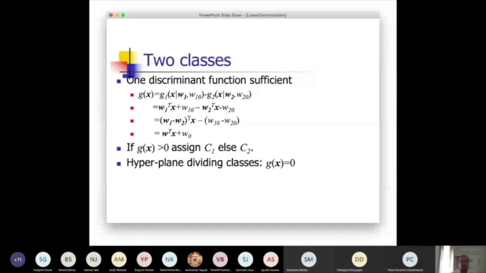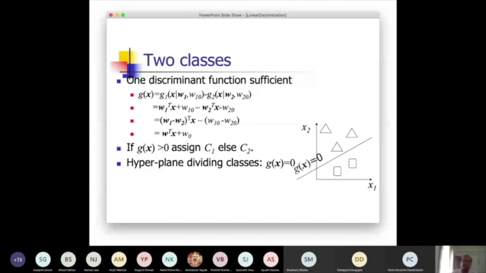So we may consider that in the feature space, if you define a hyperplane, say gx equals 0, on one side you will have the positive side, where the input samples of one particular class occur, and on the other side it is the negative side.